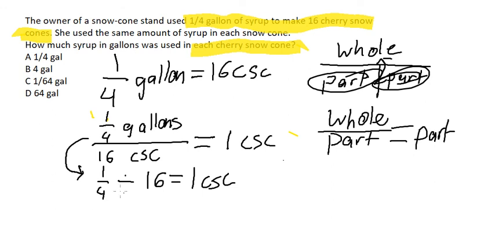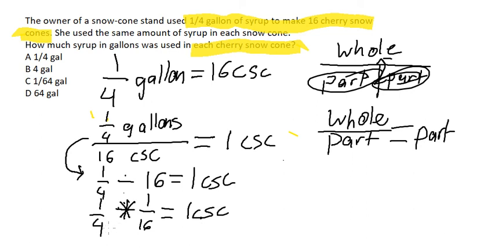So then from here, instead of dividing by 16, you can multiply by 1/16, since dividing by 16 is equivalent to multiplying by the reciprocal, which is 1 over 16. So 1 over 4 times 1 over 16 equals 1 cherry snow cone.